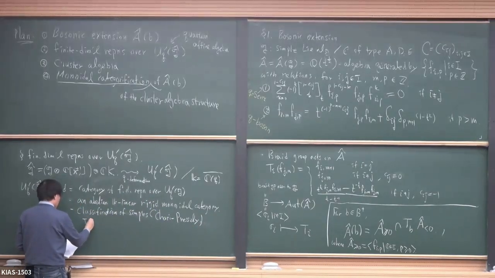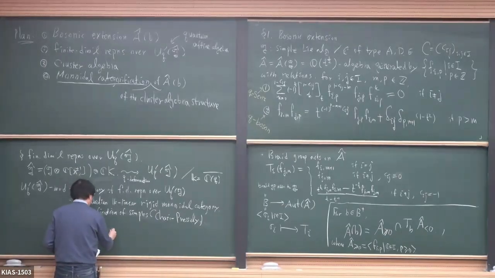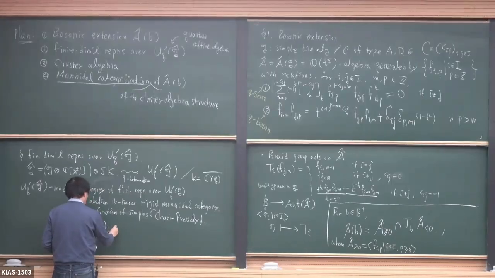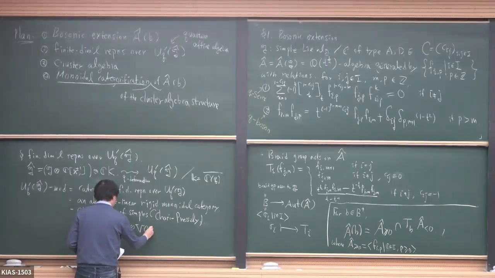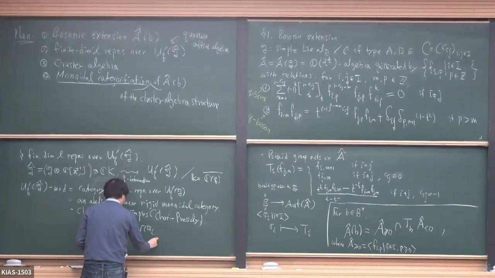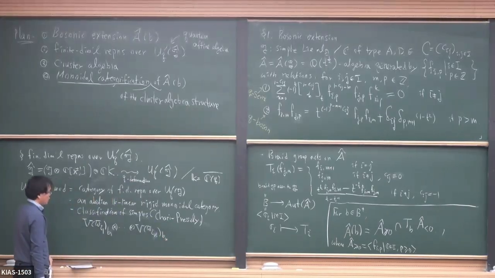So let me explain the notation a little bit later. You consider a tensor product of V_{φ_1} and so on up to V_{φ_u}. So this is some tensor product of simple modules.